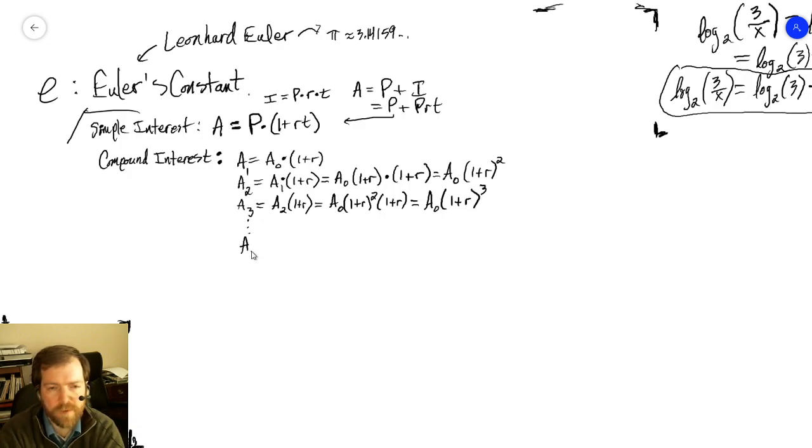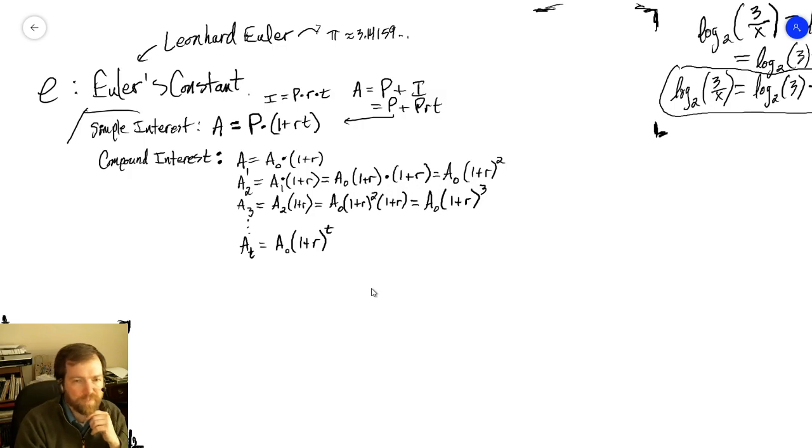So eventually it becomes kind of obvious that A sub t is going to be equal to A sub 0 times (1 plus R) to the t. So this is like a super basic compound interest formula.